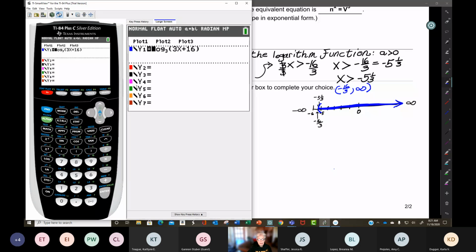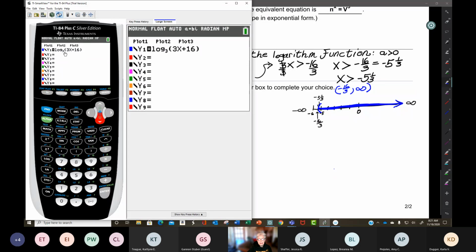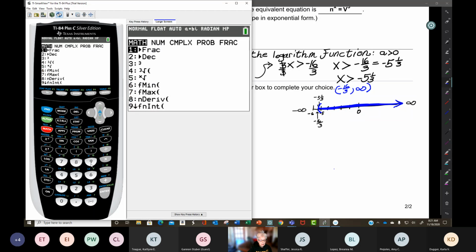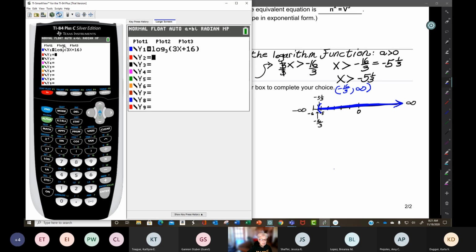I used this last night, which is log base, under math, and we go all the way down to A, log base, where there's a place for you to put the base.